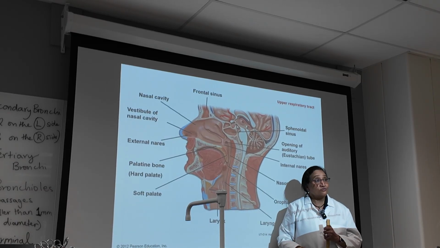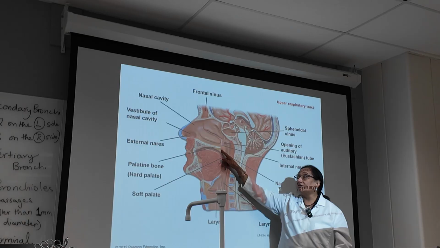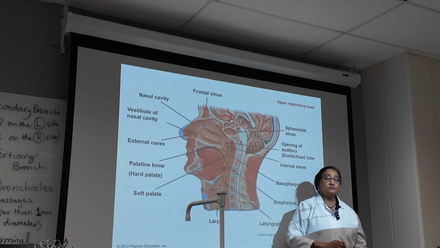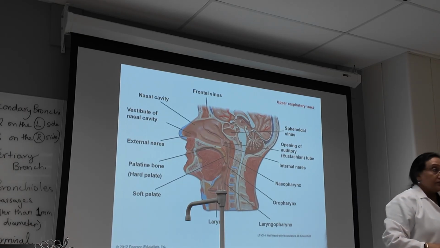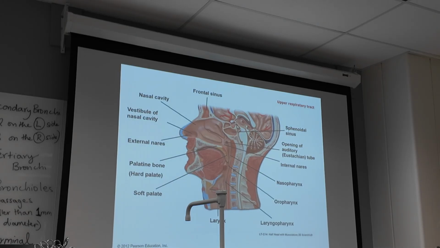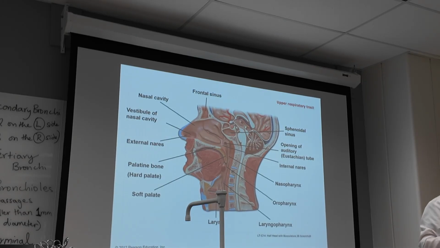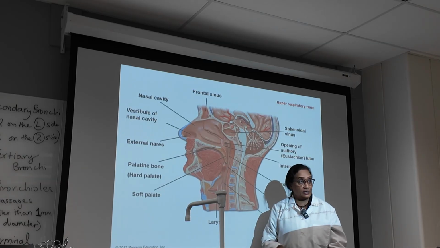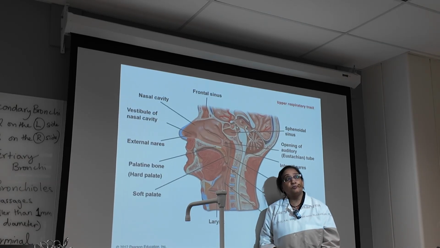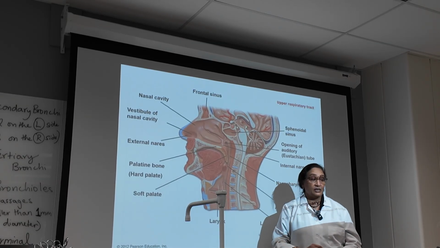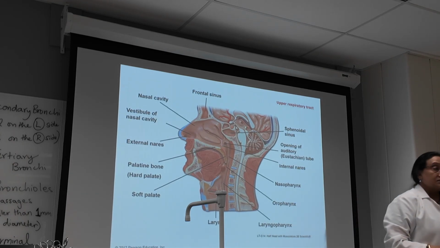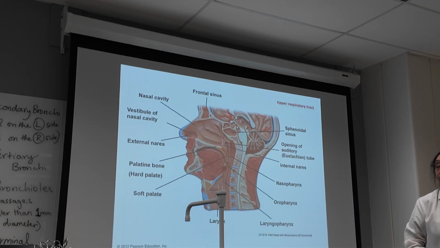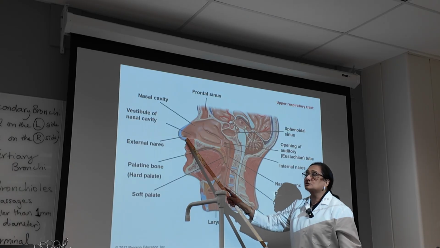So if there is a problem in the soft palate, and sometimes children are born with, do you know cleft lip? Children are born with a cleft lip, or children are born with some problem with the soft palate. So the newborn baby, the mother will come with the complaints that when the baby suckles, when the baby is breastfeeding, milk regurgitates through the nose.